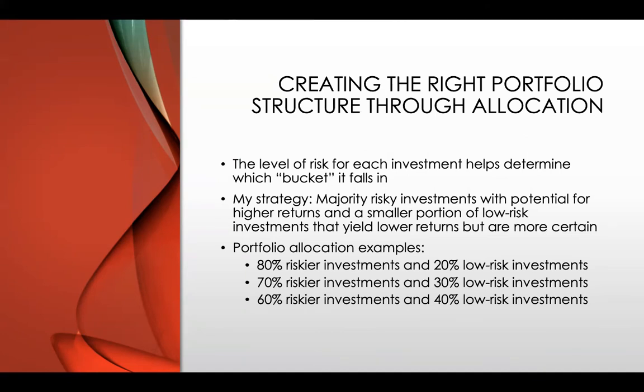My personal strategy when I'm looking at making investments into cryptocurrency is I do a majority of my portfolio in riskier investments with potential for higher returns, and then a smaller portion of my portfolio into lower risk investments that yield lower returns. If you look at the example line here, I do 80%, 20%. So I do 80% riskier investments and 20% lower.